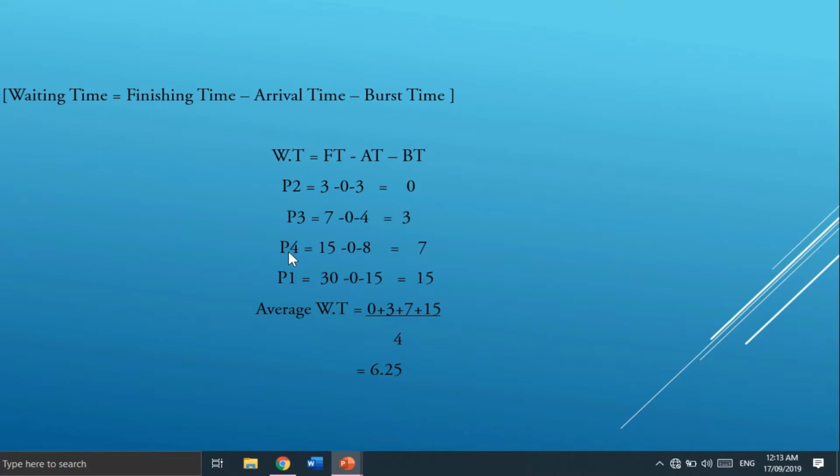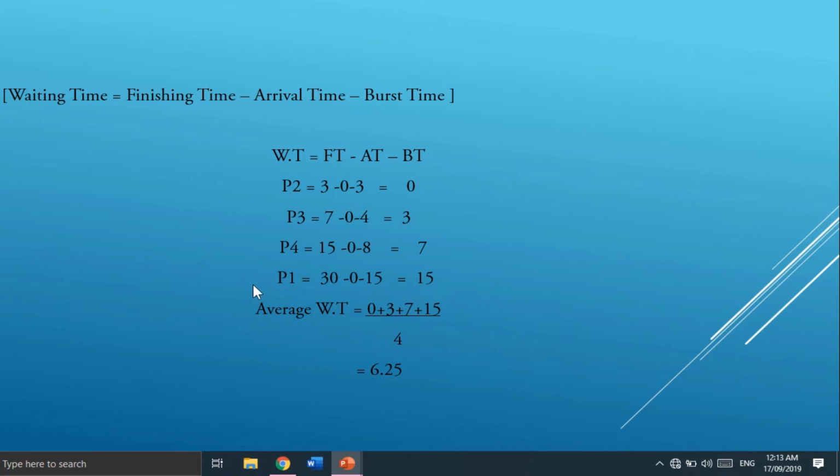Then process 4, with finishing time 15, arrival 0, burst time 8, is equal to 7. And followed by P1 lastly, finishing time is 30, arrival time is 0, and the burst time is 15.